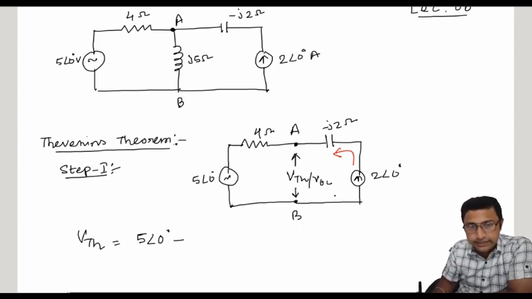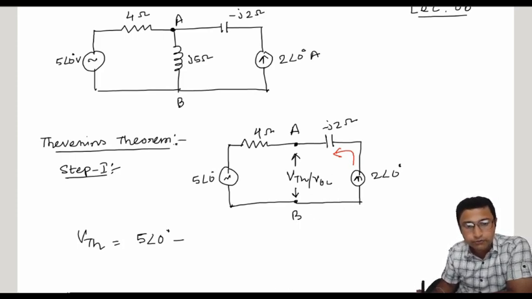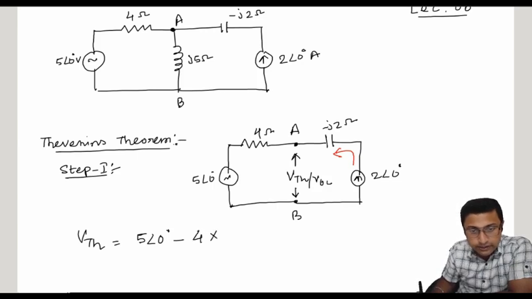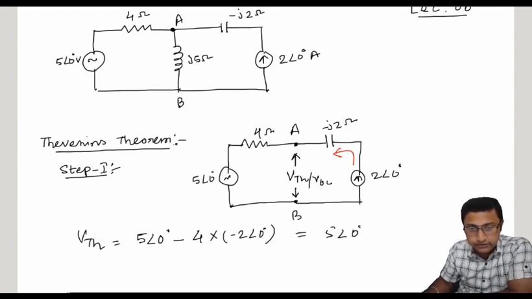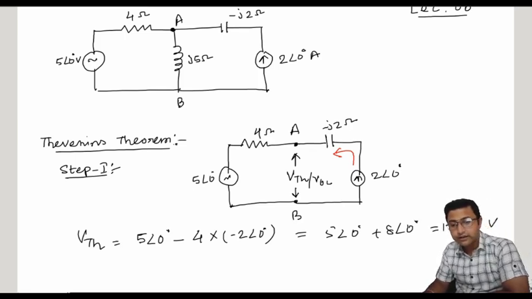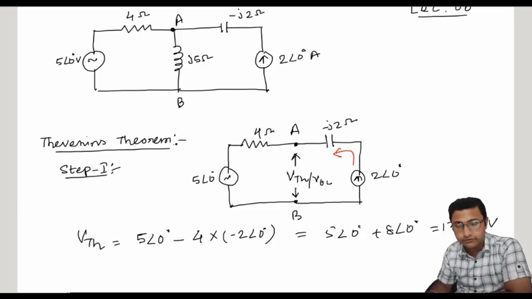So the voltage drop across the 4 ohm is 4 into minus 2 at an angle 0, right? So actually we get 5 at an angle 0 plus 8 at an angle 0, that means 13 at an angle 0 volt. So this is the Thevenin equivalent voltage, VTH.